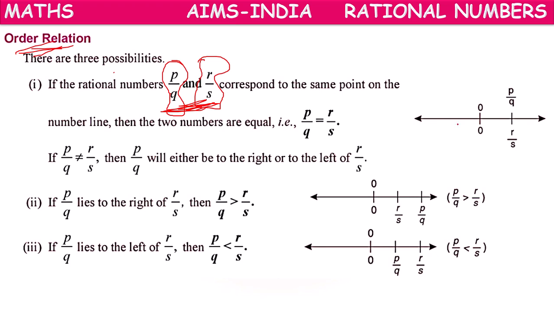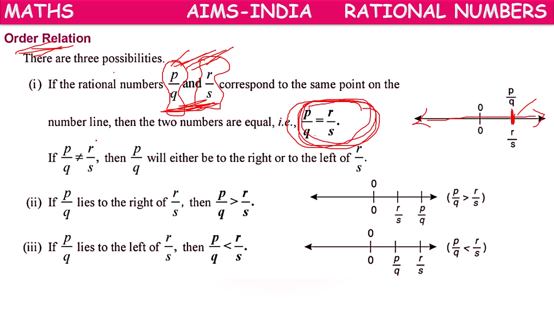If both points are represented on the number line with the same point, both the rational numbers are represented with the same point on the rational number line. So indirectly, both of them are equal. When they are represented with the same point, both of them are said to be equal.